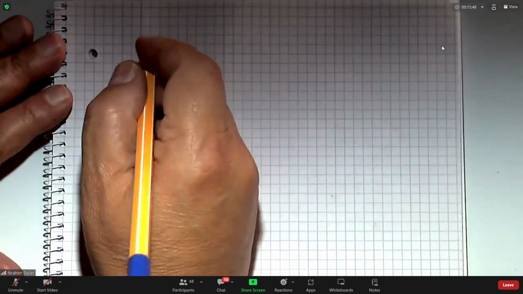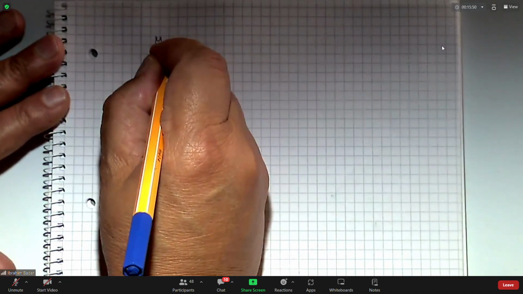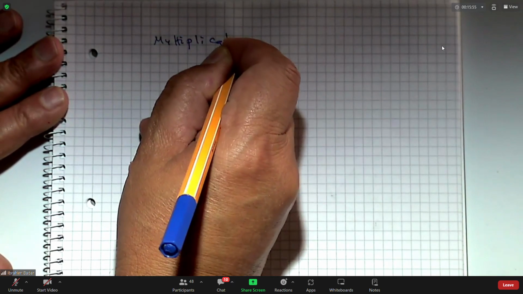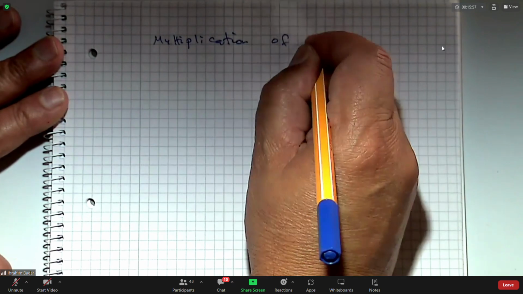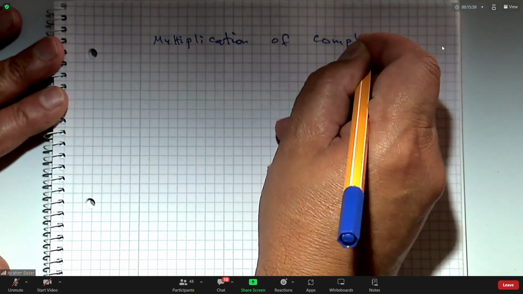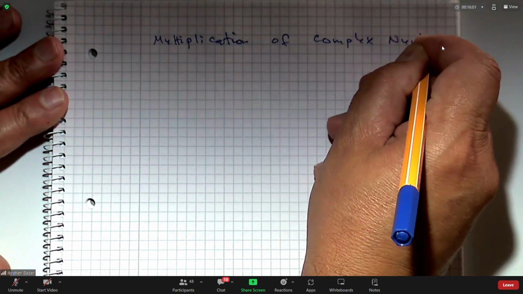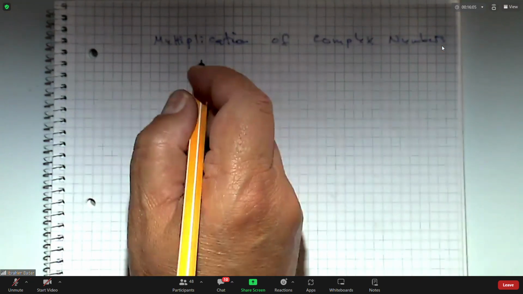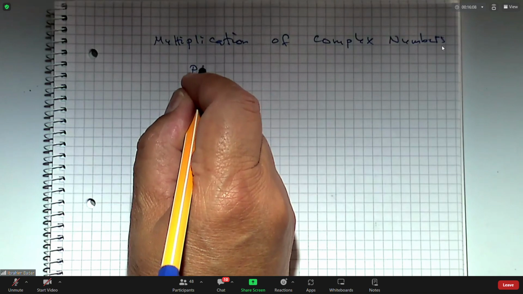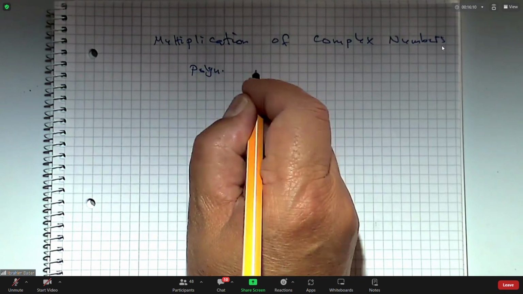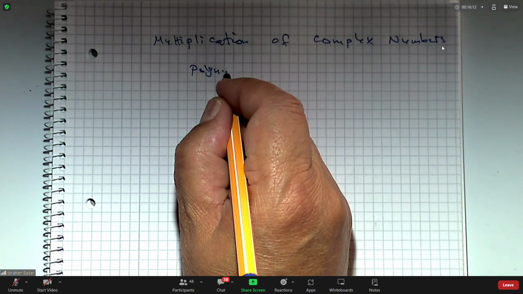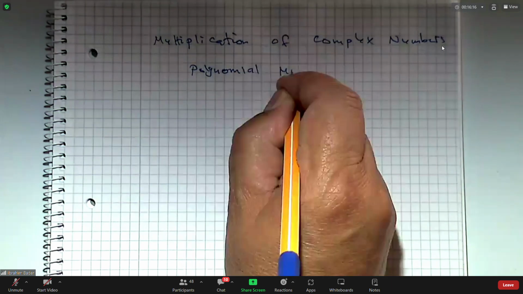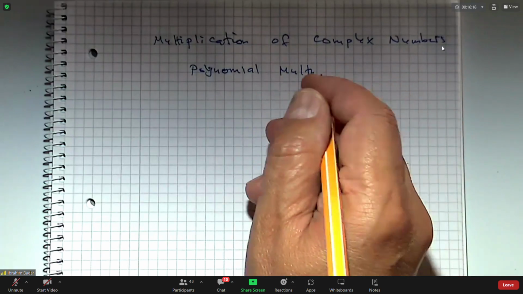Okay, now, so multiplication of complex numbers. Before I ask you, what we call polynomial multiplication is similar.